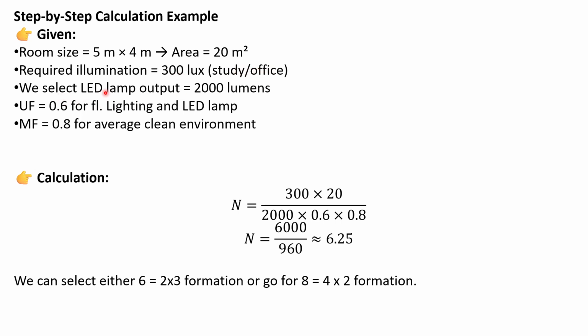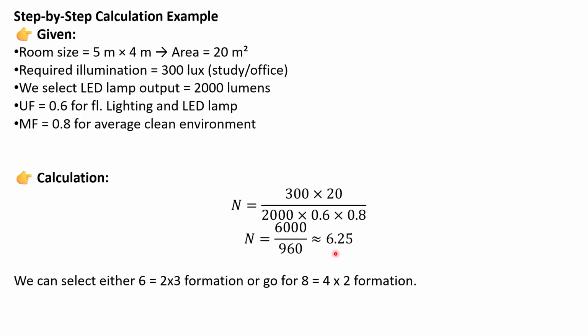We select LED lamp output equal to 2000 lumens. Utilization factor 0.6 for fluorescent lighting and LED lamp. Maintenance factor 0.8 for average clean environment.